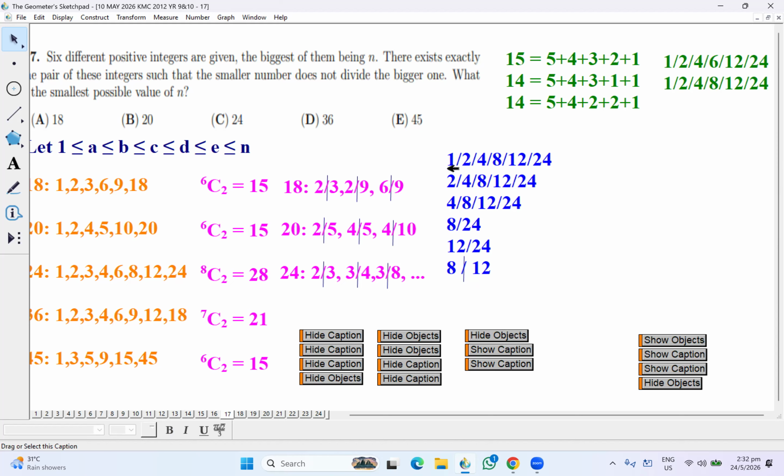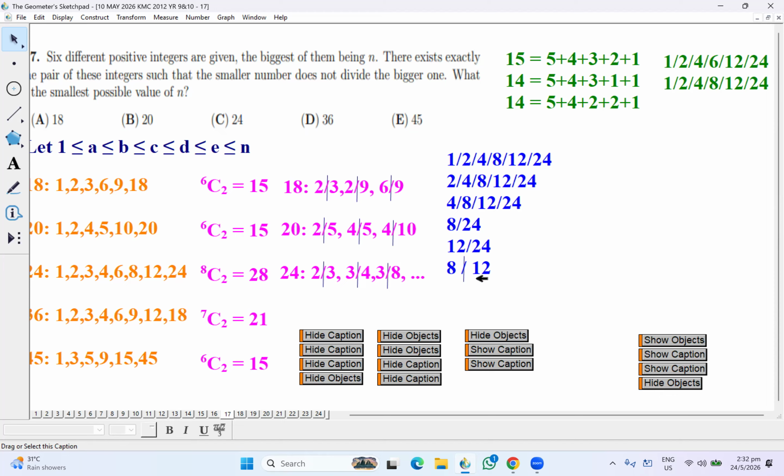You can count: 1 divides all the other 5, 2 divides all the other 4, 4 divides the other 3, and 8 cannot divide 12 but can divide 24, so 1 only. 12, 1 only. That's why I write 5, 4, 3, 1, 1.